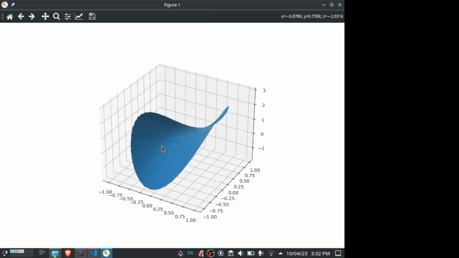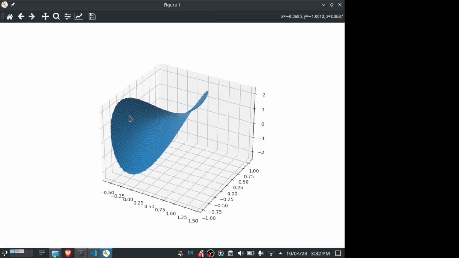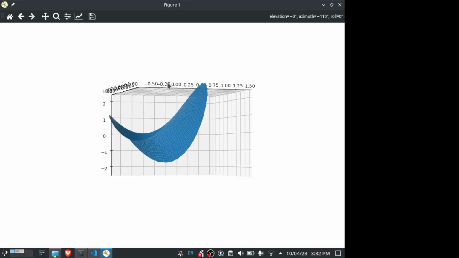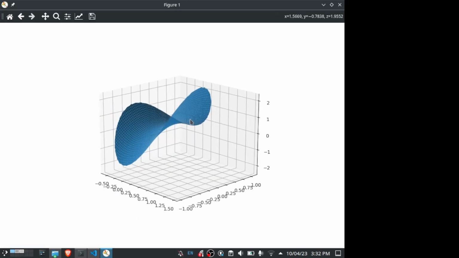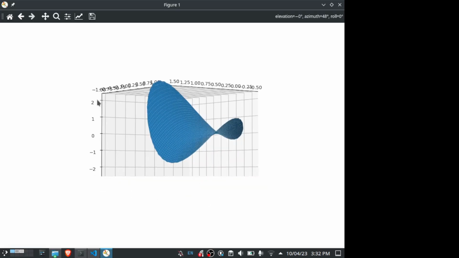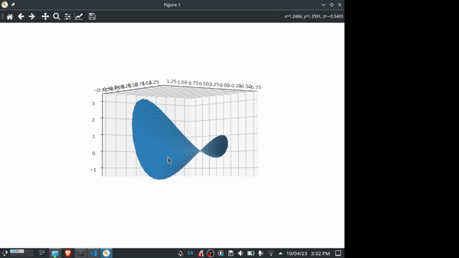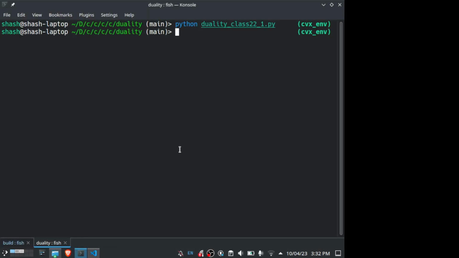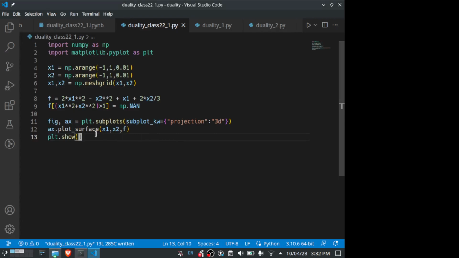So this is what the function looks like. It's basically a saddle, right? And where is this function minimized? Minimized at one of these points. We want the minimum of this. So it's clearly a non-convex optimization problem. Let me try to numerically find out what is the minimum.